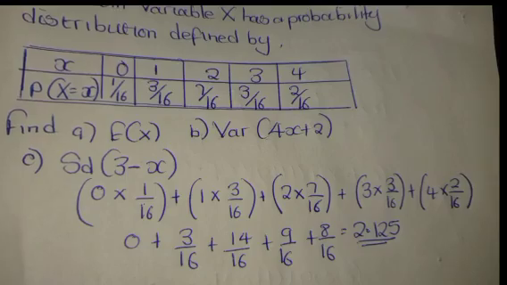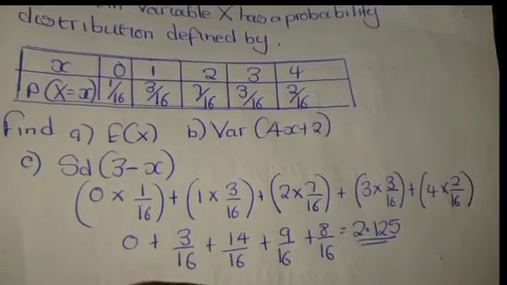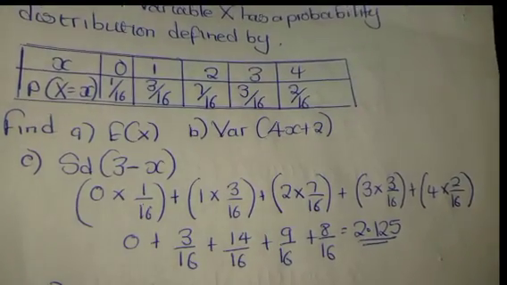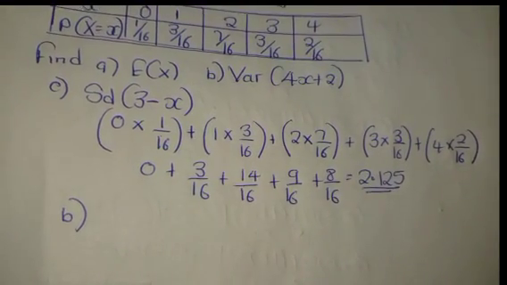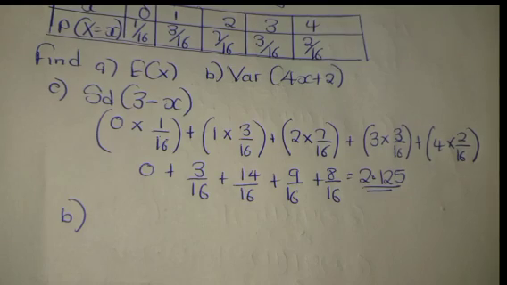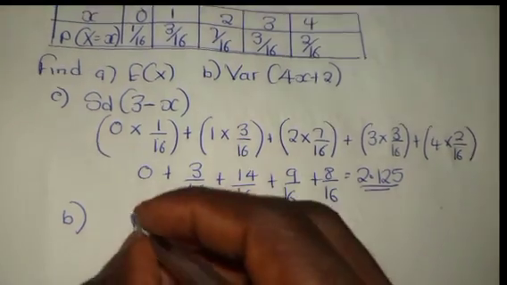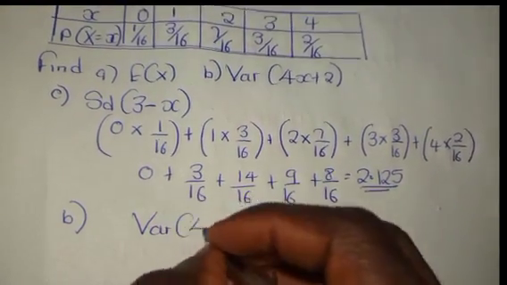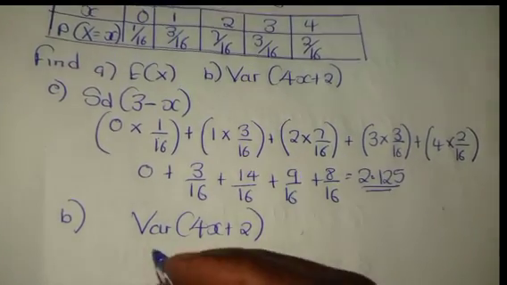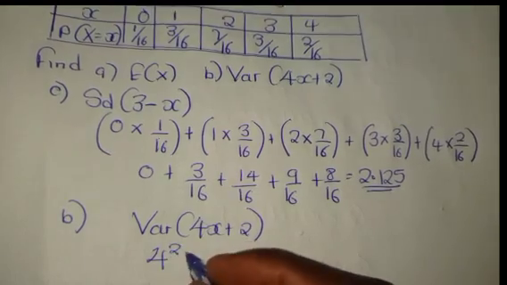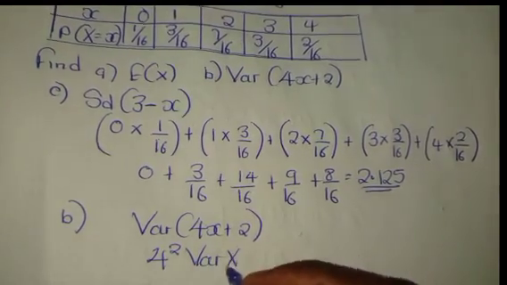Now that we have calculated the expected value of x, we are told we should calculate the variance. Remember, in the previous video we showed that variance has certain properties. So the variance of 4x plus 2 will be the same as 4 squared times the variance of x.